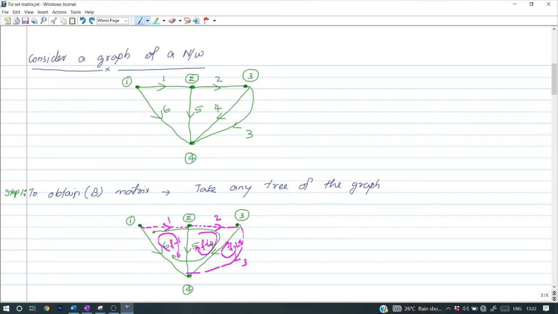If you consider another loop like this blue line, is this a fundamental loop? It is not a fundamental loop. Why? Because that loop contains 3 links. So it is not a fundamental loop. I hope you got the idea of the difference between fundamental loops and simple loops.